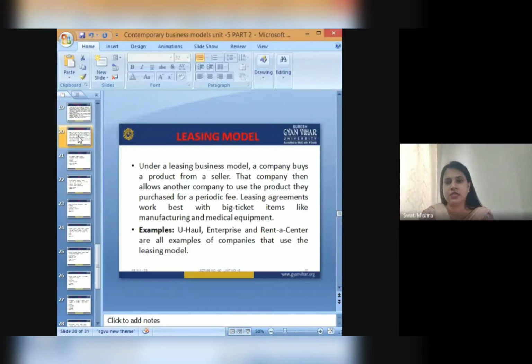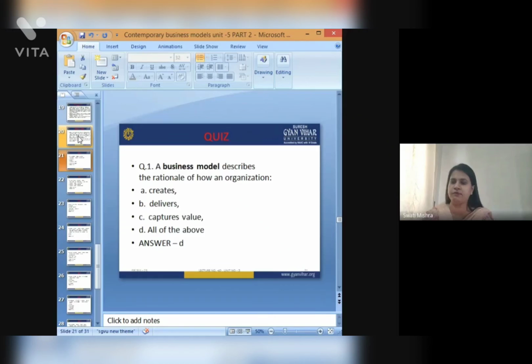We have discussed the basic essentials of any business model, and then we started discussing the basic business models which are being used by different business houses. These are all contemporary business models that I have explained to you. And now I am just showing a few quiz questions to you, which would be of help for you people.